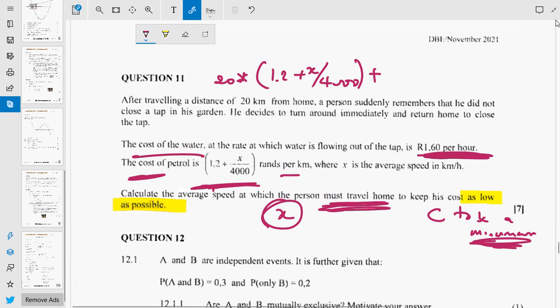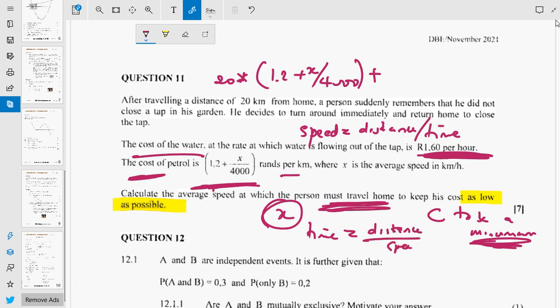Now the cost of water is 1.60 per hour. There's something you have to remember here, which I think was a bit unfair: speed is equal to distance over time. So that means time is equal to distance over speed. So the time I traveled back home is the distance, which is 20, over the speed, which is x.